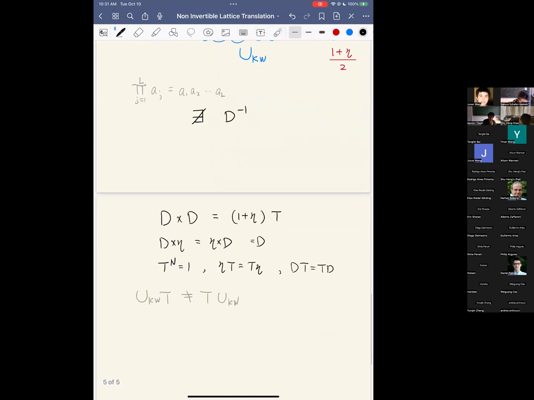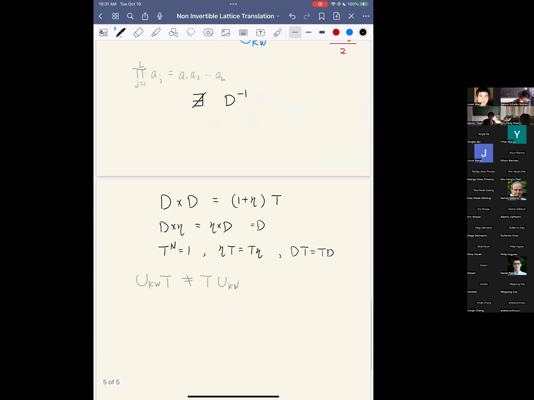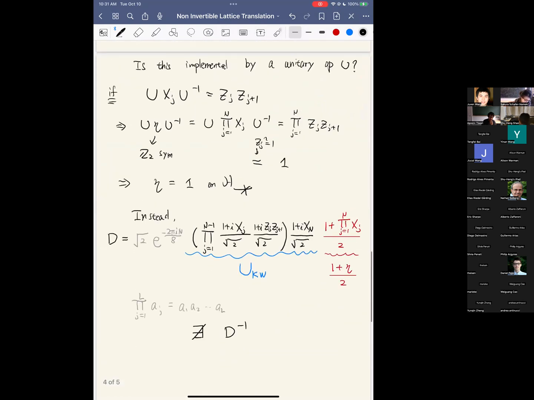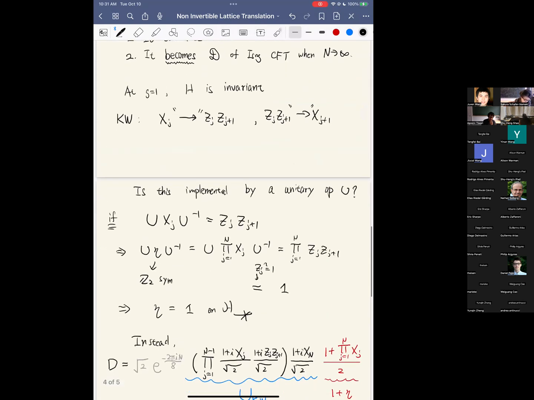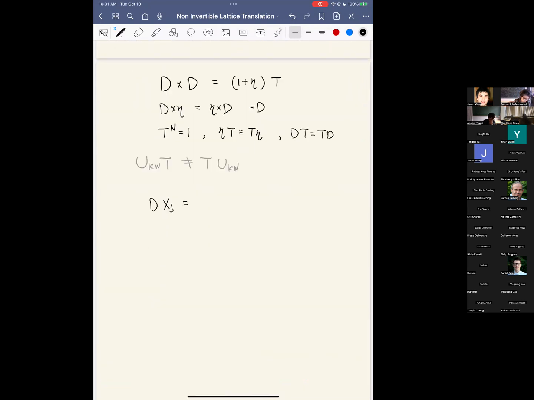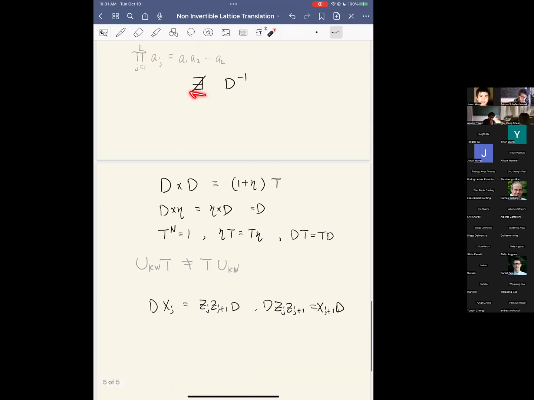And this operator D implements the arrow we were saying here, meaning that D xj gives you zj plus 1 D, and D zj plus 1 gives you xj plus 1 times D. But you cannot move the D to the other side because there is no inverse.